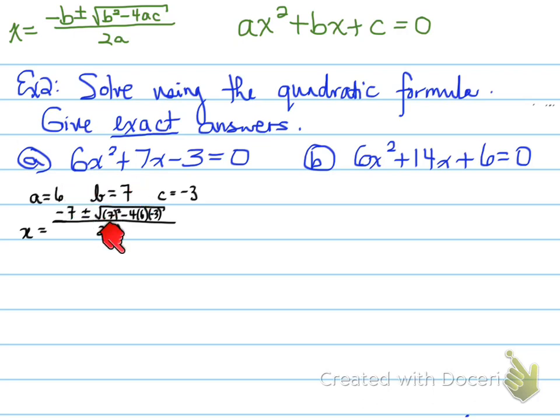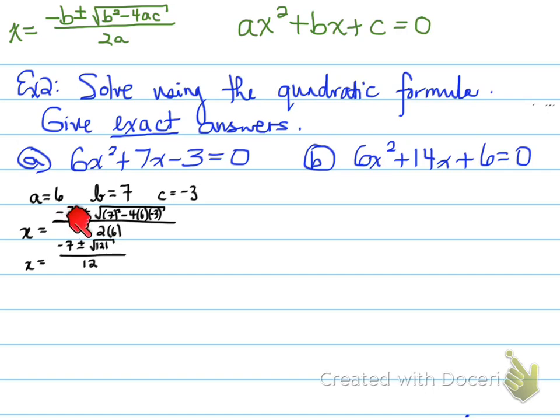Once we plug this all in, the next step that you must show me is the value of this discriminant. That is negative 7 plus or minus root 121 all over 12.